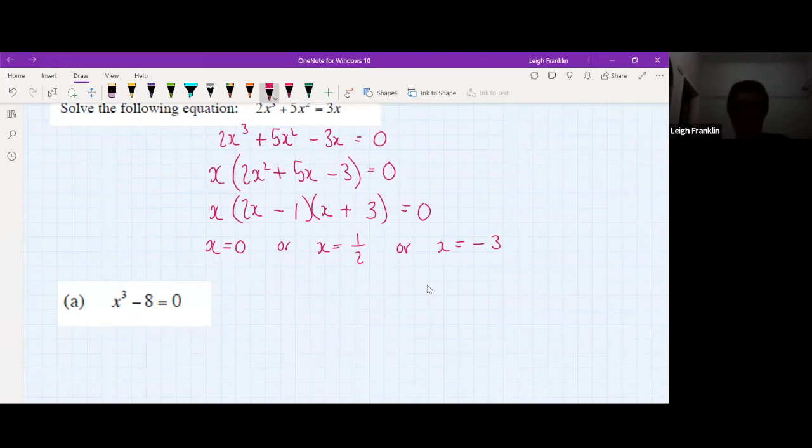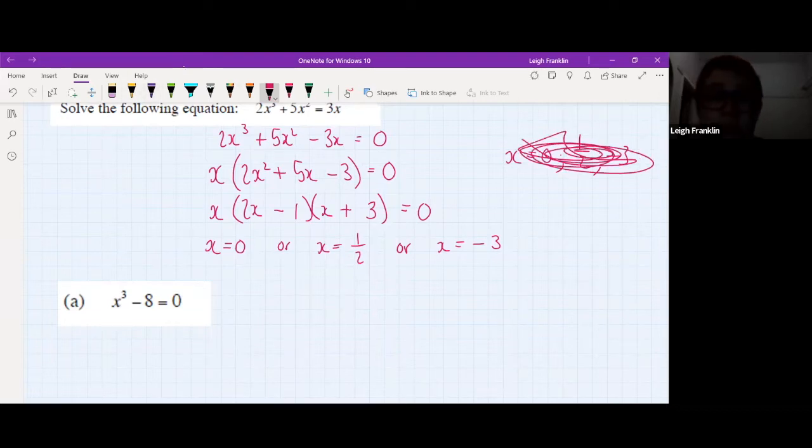So you write x is 0 or x equals a half or x equals minus 3. If you write x equals 0; 1 over 2; -3, you're going to get penalized. So do not write that. You have to write it's this or this or this.